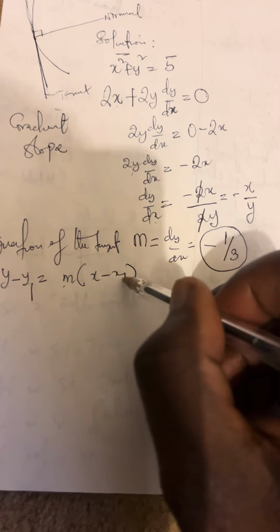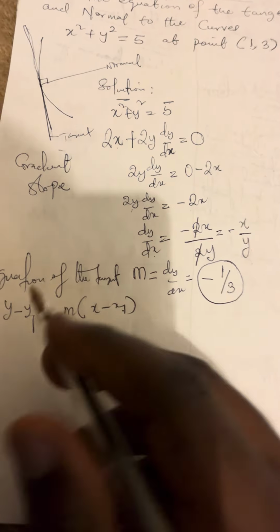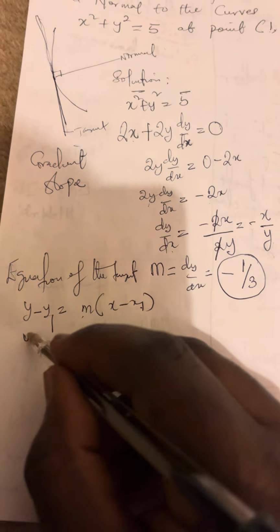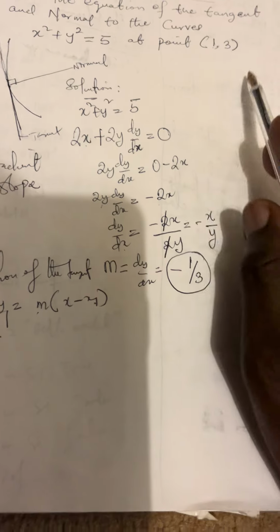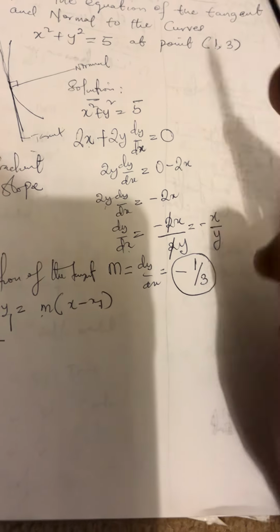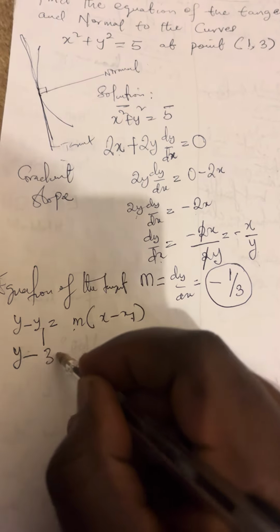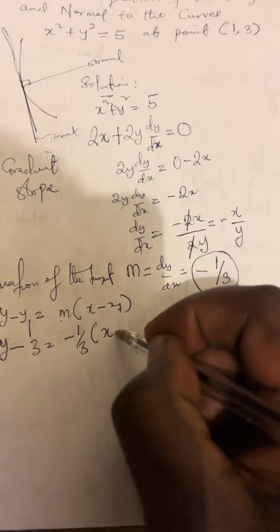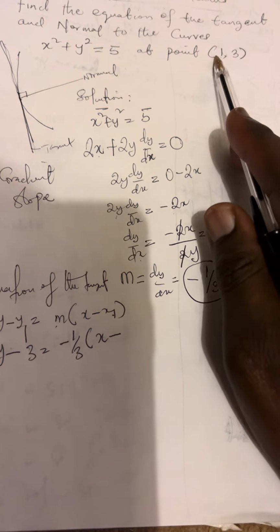And x1, y1 is the point that you were given, (1, 3). So y minus 3 equals minus 1 over 3 bracket x minus 1.